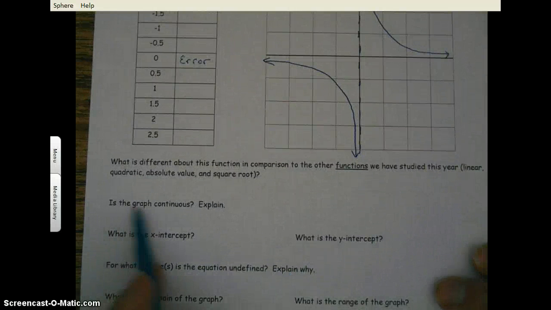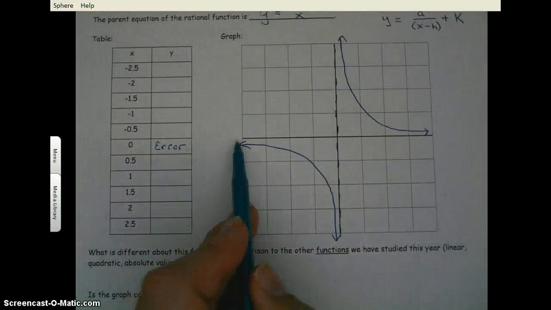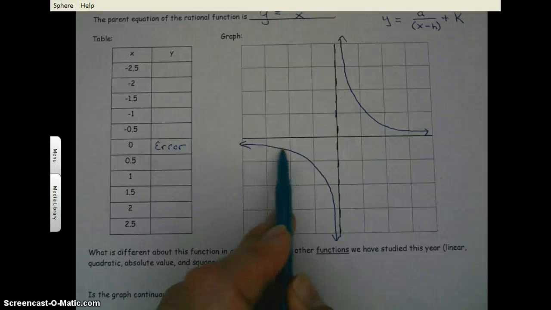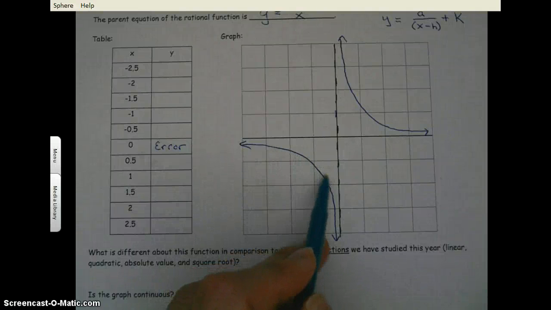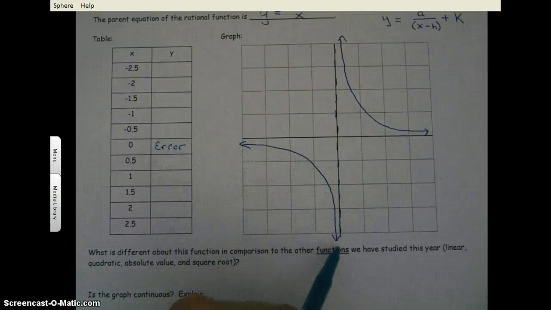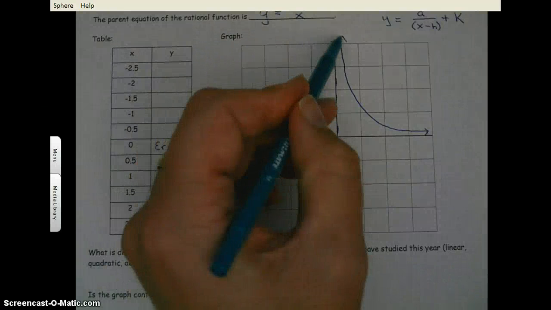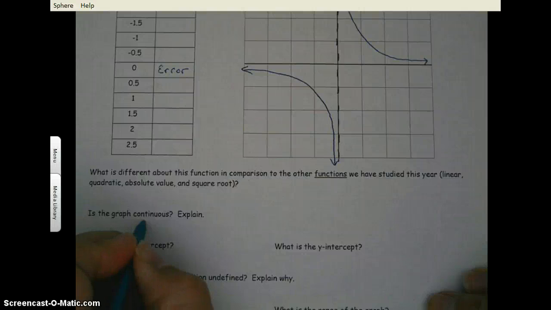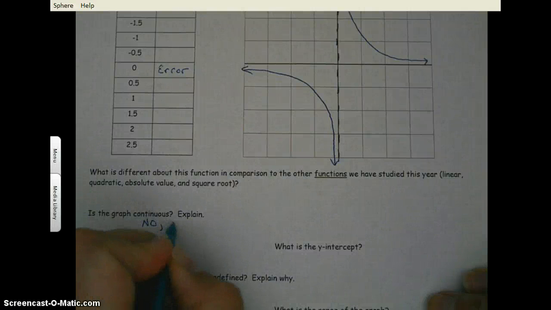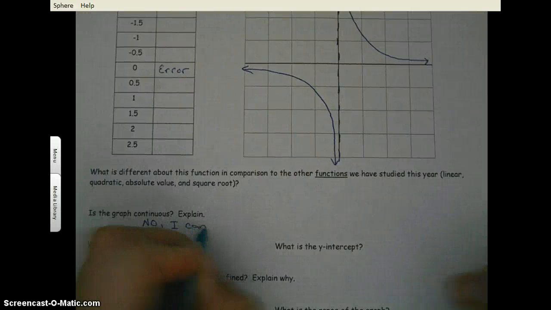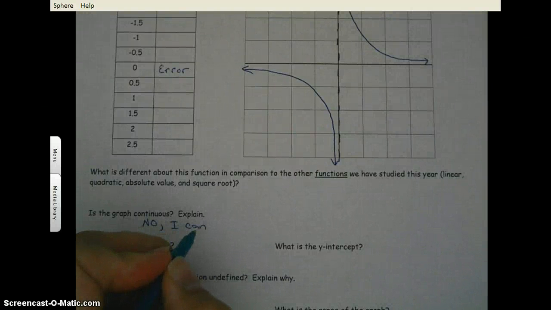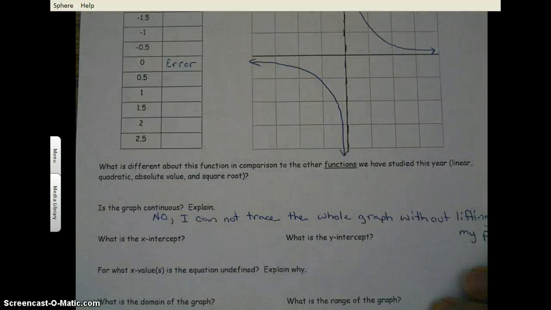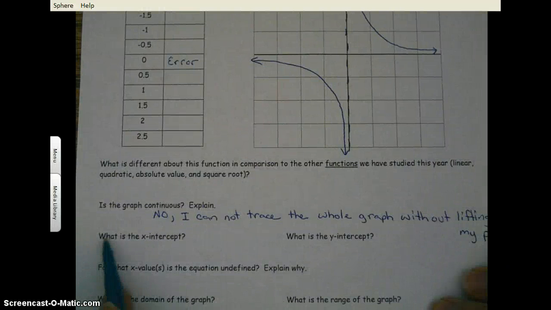Is the graph continuous? Well, let's take a look. If I put my pen down and I trace it, can I trace the whole graph without lifting up my pen? No, I have to lift it up and put it up here. So it is not continuous. What is the x-intercept?